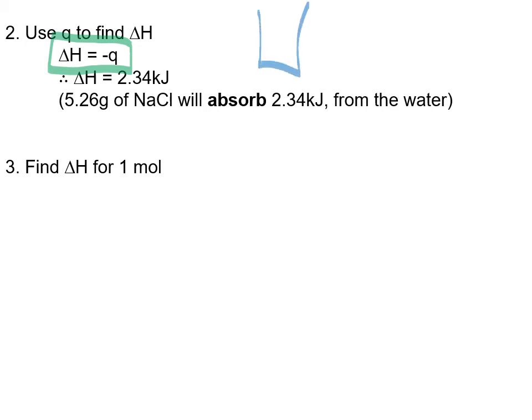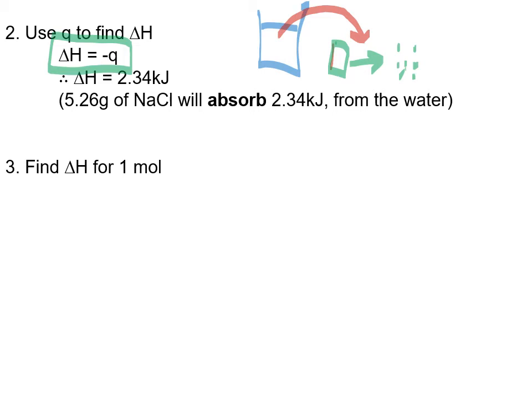If we have some water and a crystal, let's do that in green, a crystal that is starting out as a solid and becoming ions, it's dissolving, we can see that the water is losing heat in order to allow this process to happen. So the crystal is going through an endothermic change.